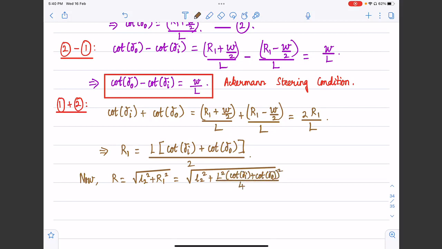So this is what we will have as the expression for the turning radius, which is expressed in terms of these various parameters. I hope this is clear, how we got it. Any questions on how we got the Ackermann steering condition and an expression for the turning radius?